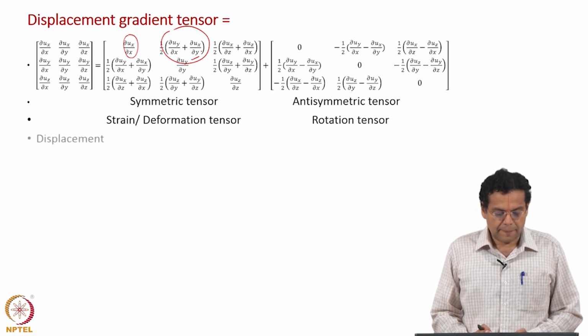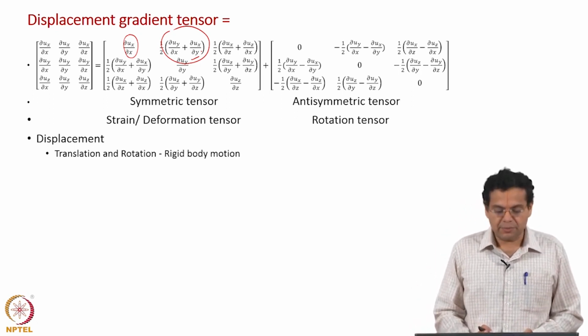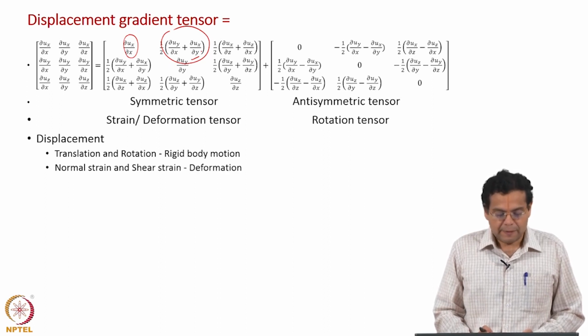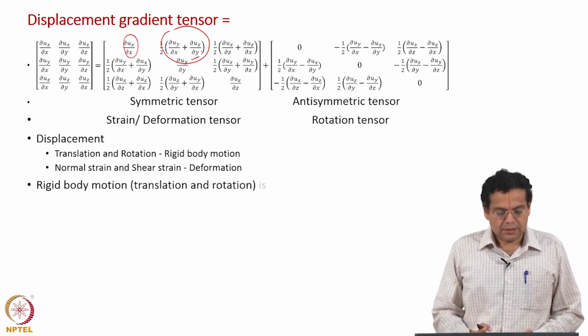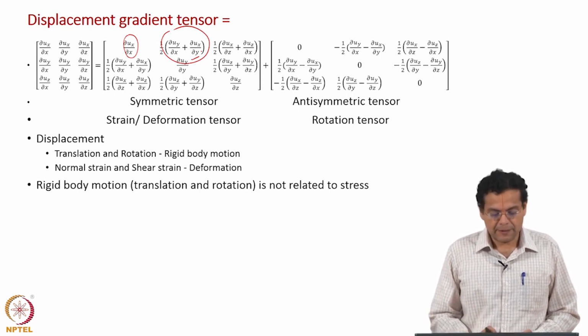And of course, we said displacement as translation and rotation, rigid body motion, this kind of summarizes what we have been telling so far, okay. Displacement because of translation and rotation, which is rigid body motion, and normal and shear strain, which is deformation, okay.